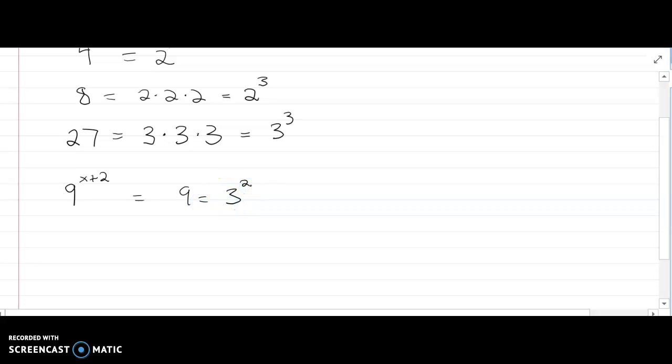So I use exponents to rewrite. But if I change this 9 to 3 squared, what happens with the x plus 2? Well, I have to leave the x plus 2 up here, like this.